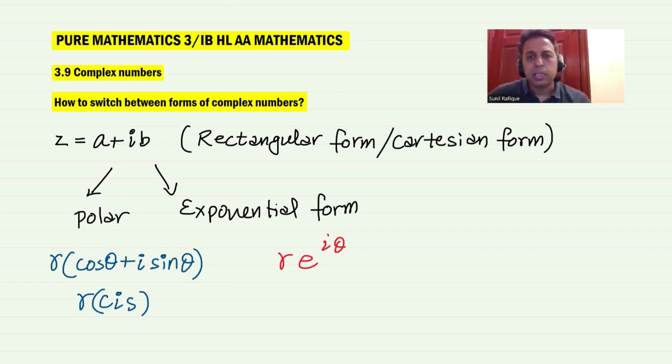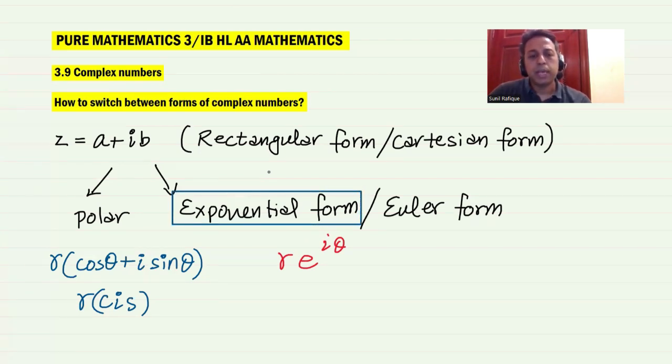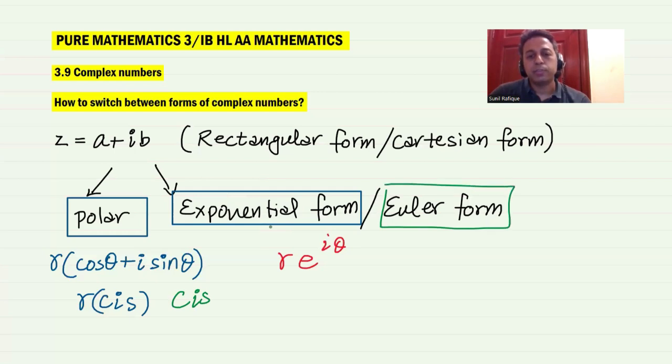But mark my words, the A-level mathematics only use the exponential form and the polar form. The IB HL uses the cis and sometimes calls this the Euler form as well. So don't get confused. Even if you're studying any course, getting to the right concept is important. The names may differ, but the idea is the same, right?